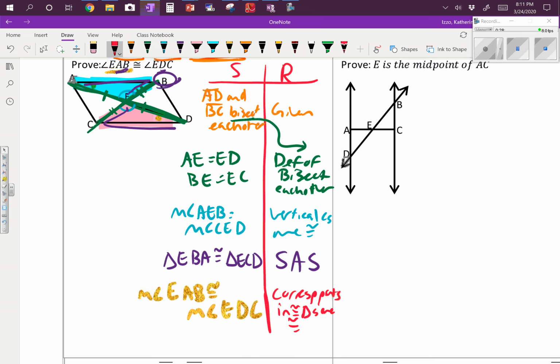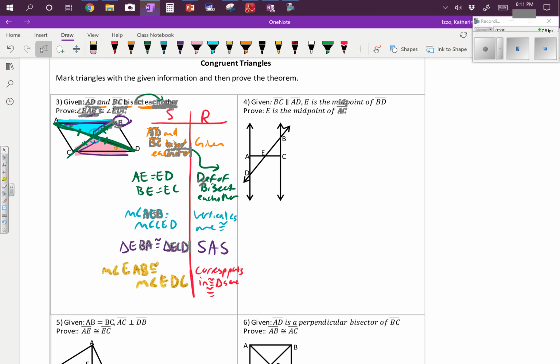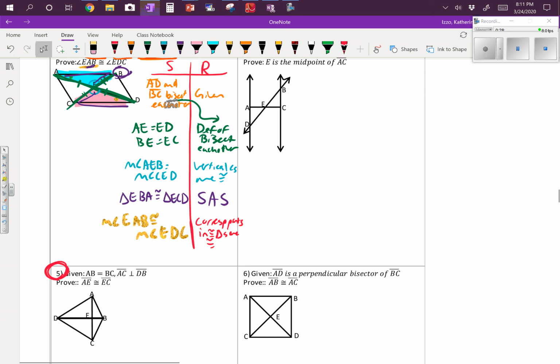All right. I know this is a very complicated process. What I want you to do is just look at question number 5. See if you can prove two of the triangles congruent. You might be able to prove AE and EC are the same.